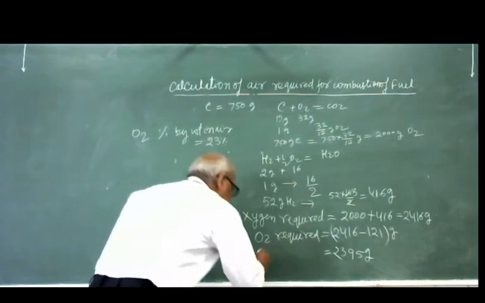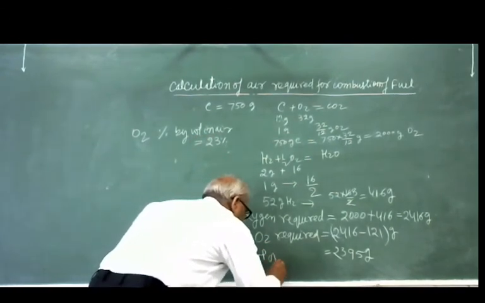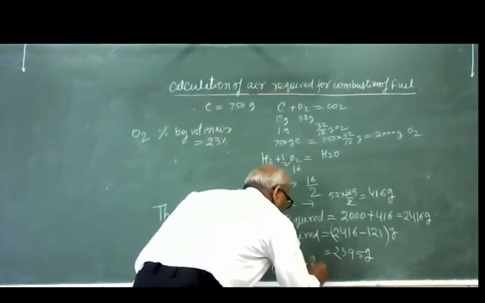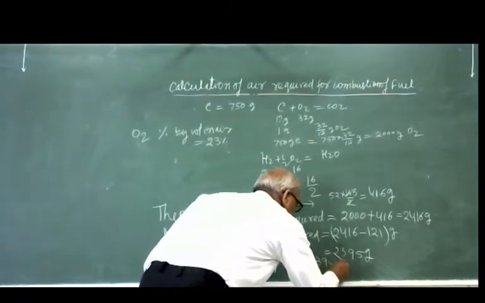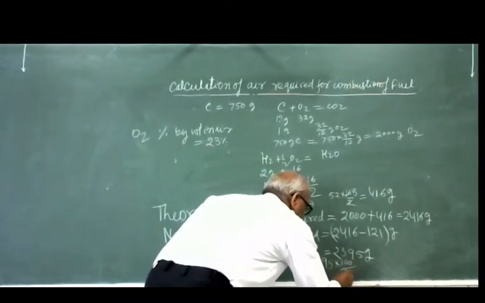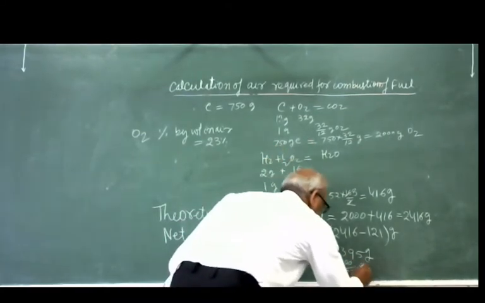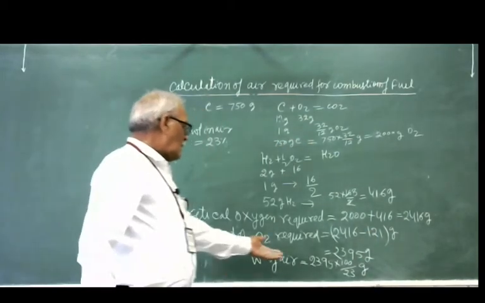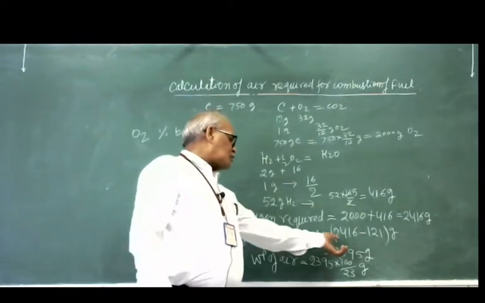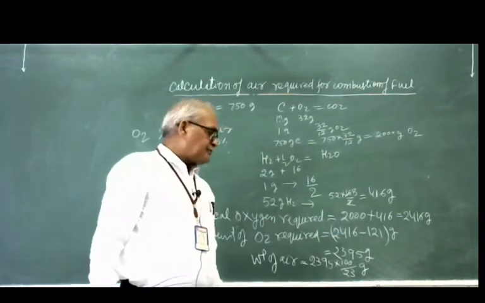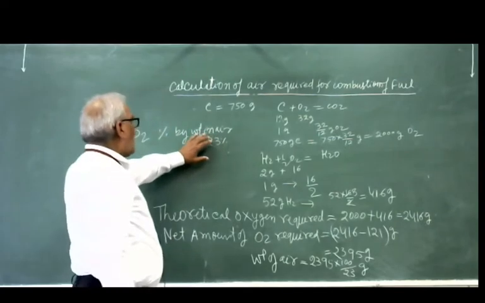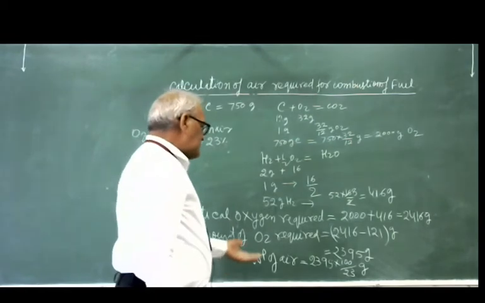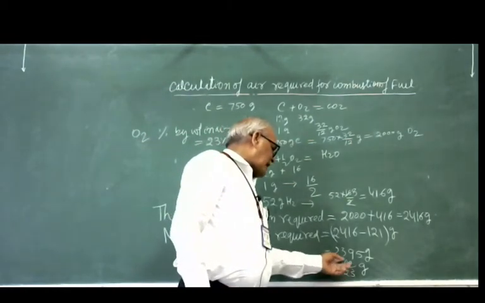So here we can say weight of air is equal to 2395 into 100 divided by 23 gram. This is the air. This is the total amount of the oxygen required, and this is the percentage of oxygen in air by weight, and therefore we can apply this formula.